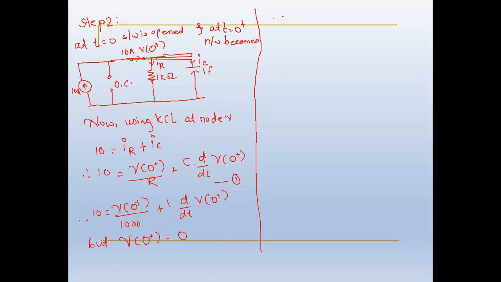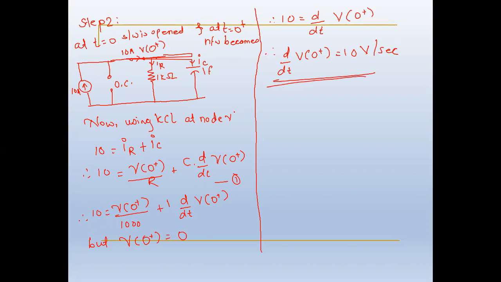It is therefore 10 is equal to 0, isn't it? So it will be only d by dt of V of 0 plus. It means what? Therefore, d by dt of V of 0 plus is equal to what? 10 volts per second.